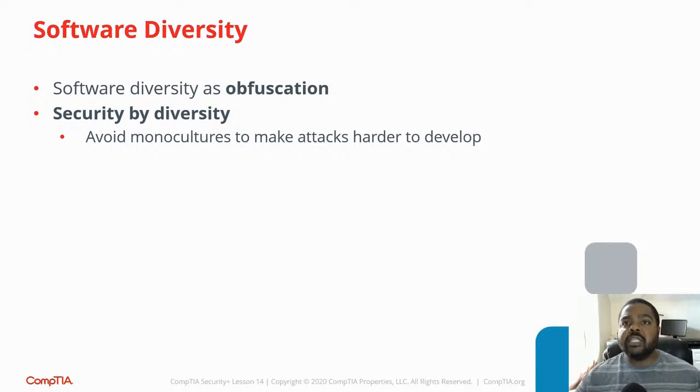The reason why is because when you are just one shop, let's say everybody is on Cisco devices, and then Cisco comes out and says, hey, all of our devices are vulnerable to remote code execution, a very critical vulnerability, and for right now we don't have an answer for it.